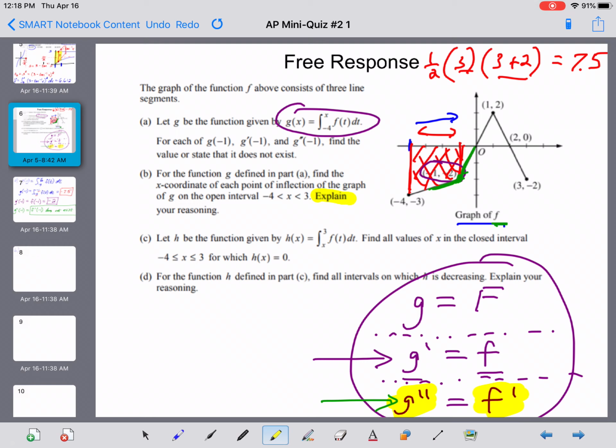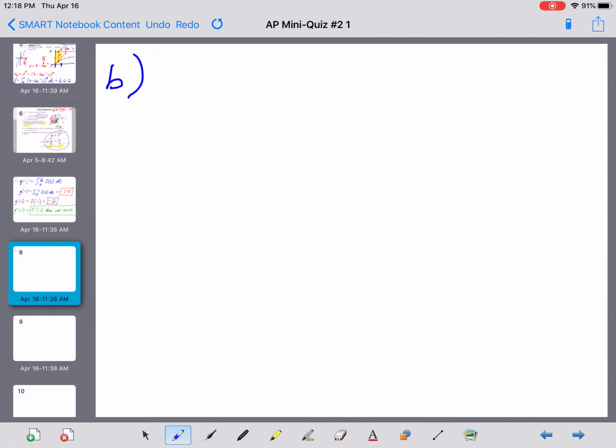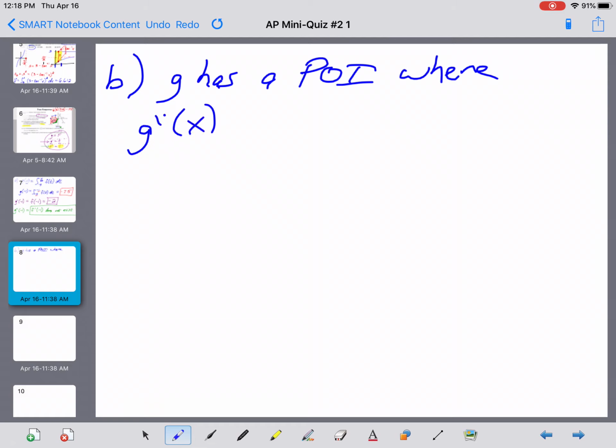And notice here in B, they talk about explaining your reasoning. So I'm actually going to begin with that. That's the way I always prefer to do these problems. So what do we want to know here, guys? Where does g have a point of inflection? So I would probably start off by saying that g has a point of inflection at a spot where g double prime of x changes sign from positive to negative or vice versa.